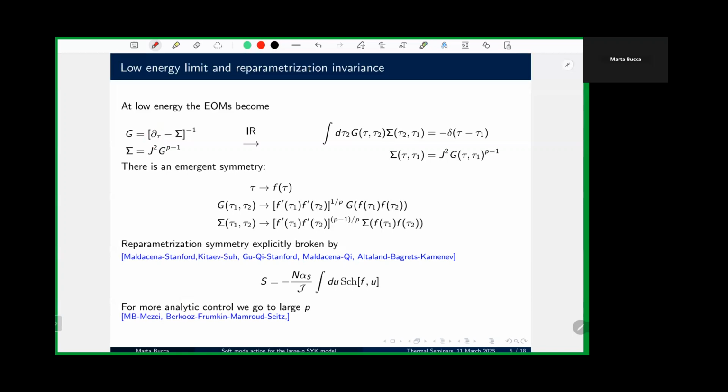So if you were to write down a term for your action that breaks this reparameterization symmetry explicitly, and this has been done before, you would find that this term is the Schwarzian derivative. And a first argument for this was presented by Maldacena and Stanford.